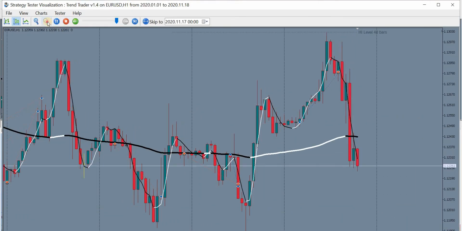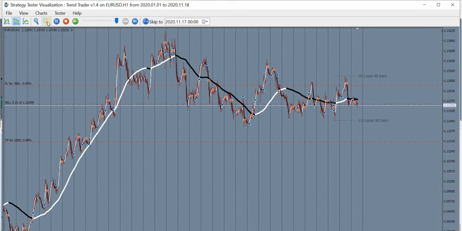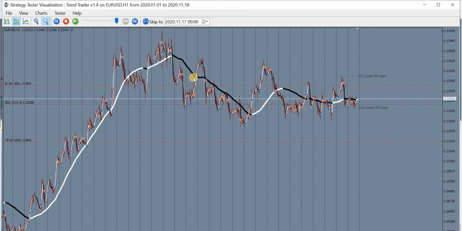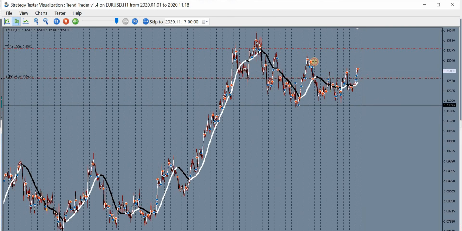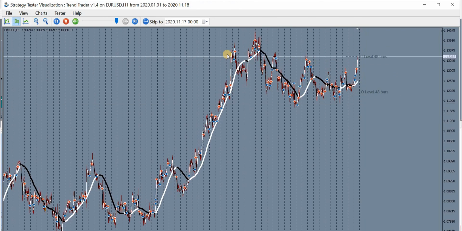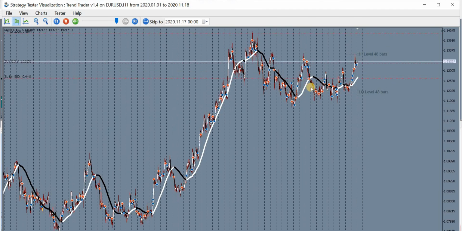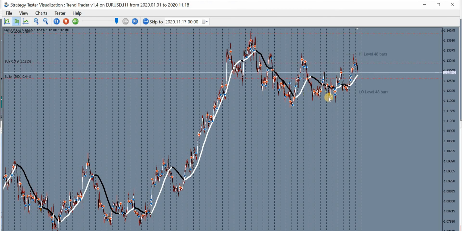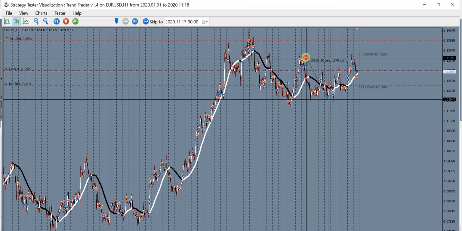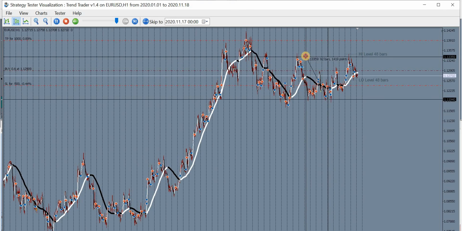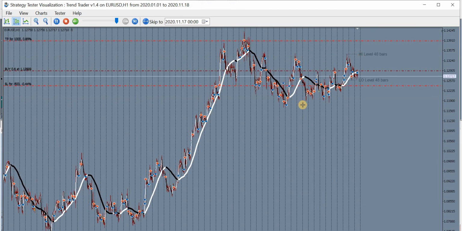All right. So obviously, being a trend trader, that's the problem. It doesn't perform very well when there is no trend, or when the trend changes too often. The price consolidates within this area. We have 140, 150 pips.